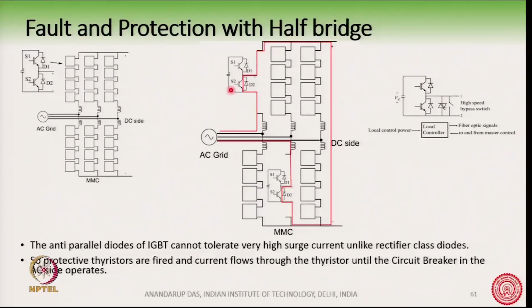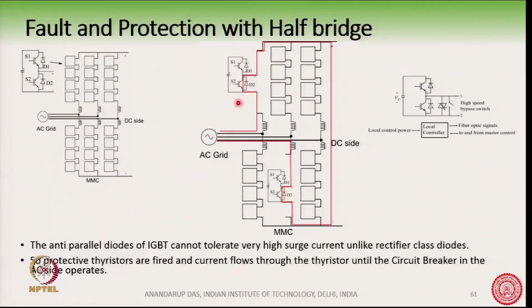These diodes anti-parallel to IGBTs have very good switching performance, that is the turn on and turn off times are very short, but they cannot sustain a very high I square T rating, which a rectifier class of diode or thyristors can sustain.